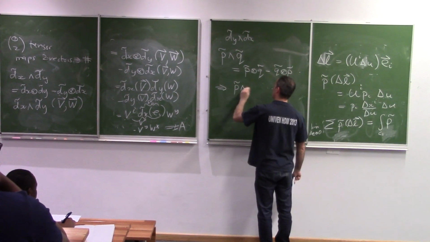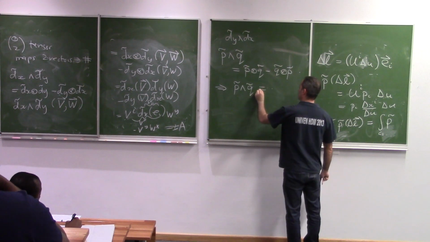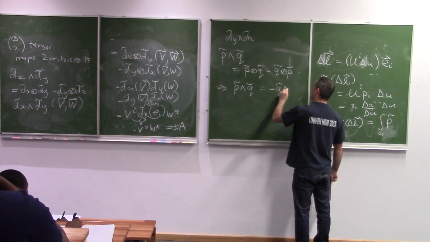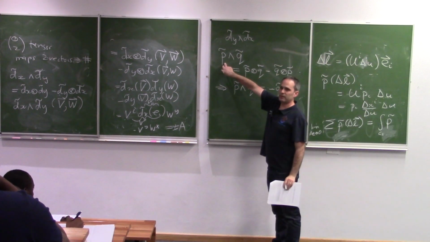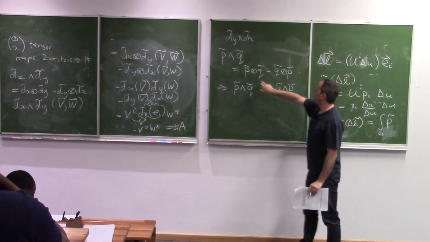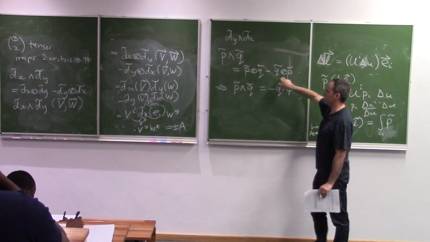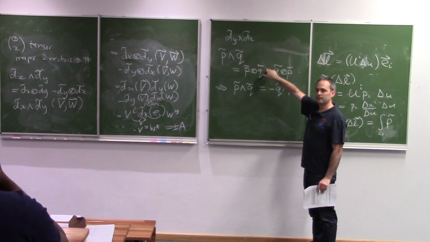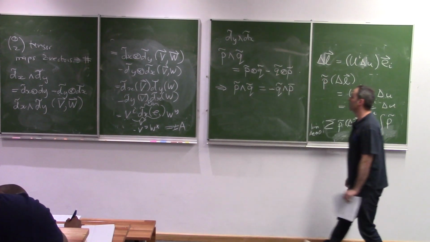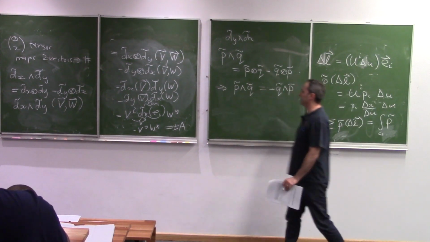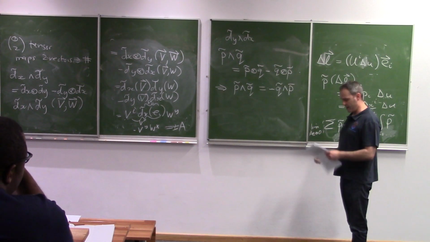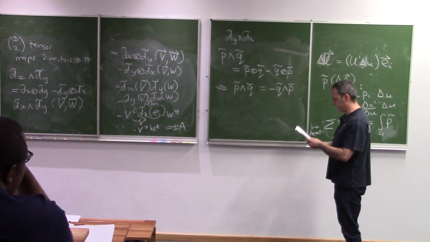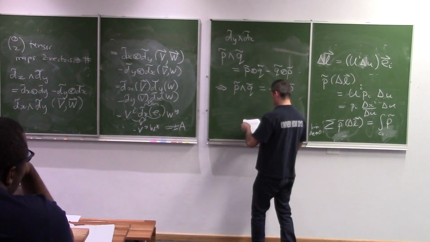So P wedge Q is equal to minus Q wedge P. That's just because if I exchange P and Q here, I exchange P and Q there, and it'll be the same expression up to a minus sign. Everybody happy with that, or do you want me to write it out in detail? Happy. Okay, so two forms are antisymmetric, as opposed to the general 0-2 tensor, which is not necessarily antisymmetric.